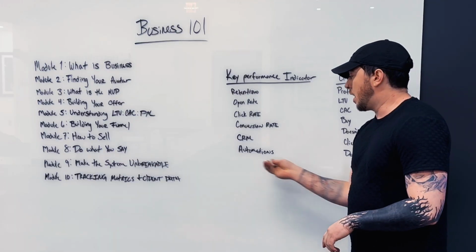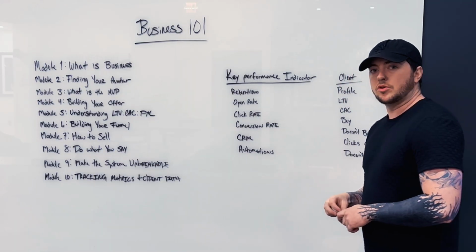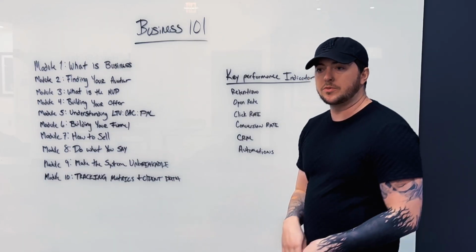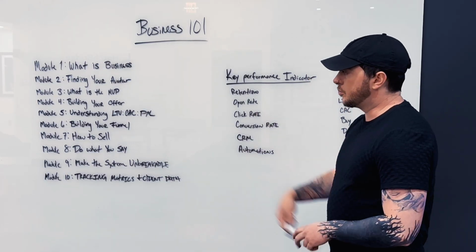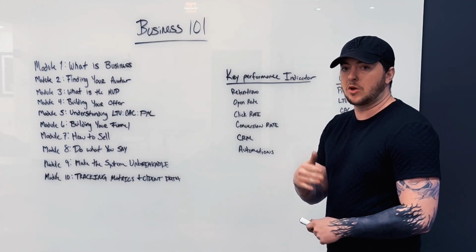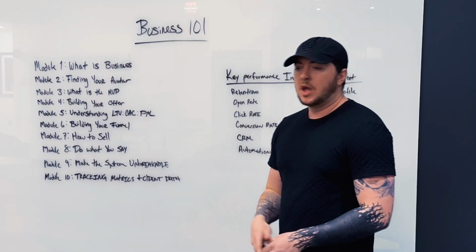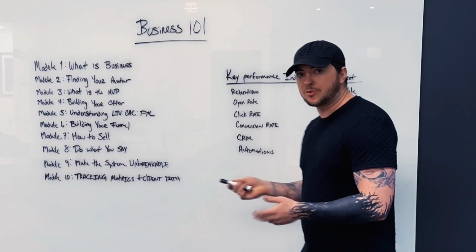And then we use automations also to manage communications with them and make sure that we're either sending them information or following up with them, asking them for referrals constantly, because one of the best ways to scale your business as quick as possible is not only providing value, but actually getting referrals from the people you provide value to.